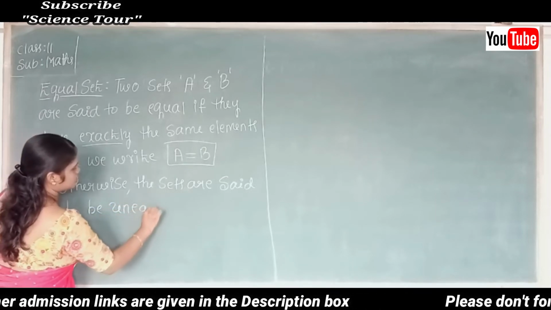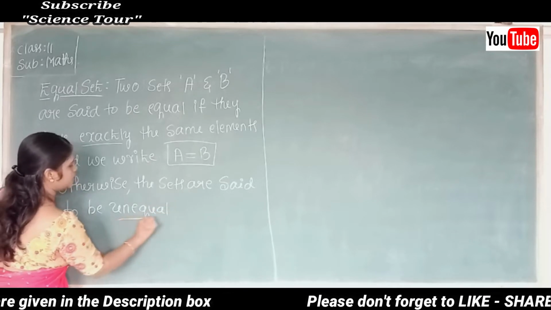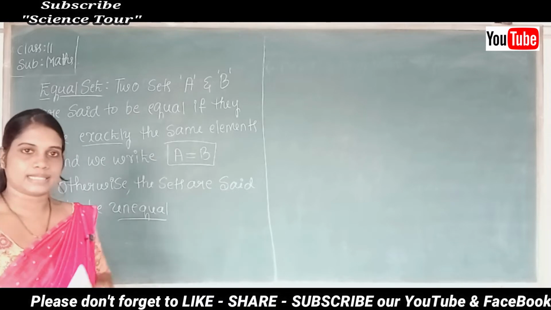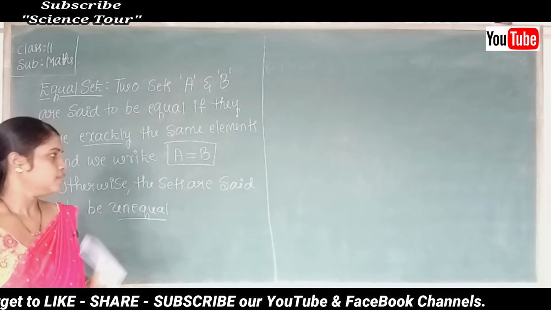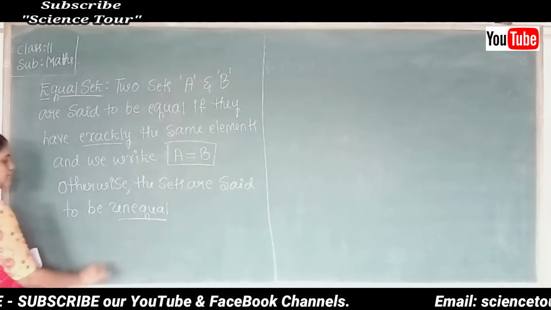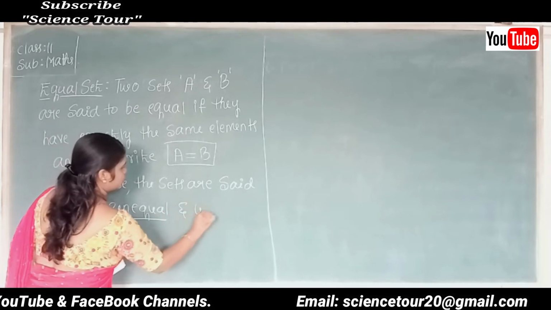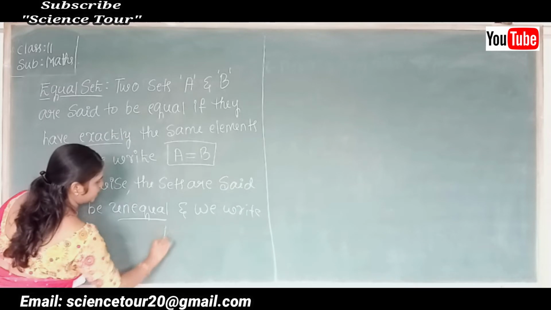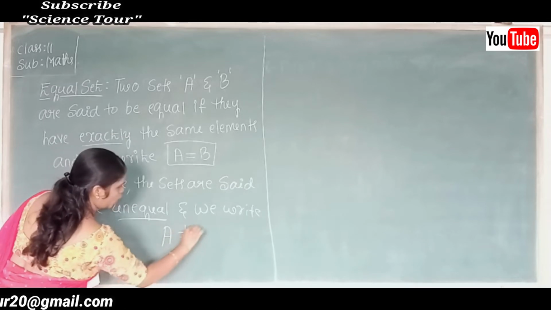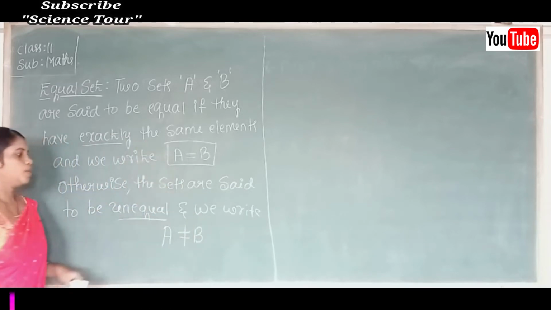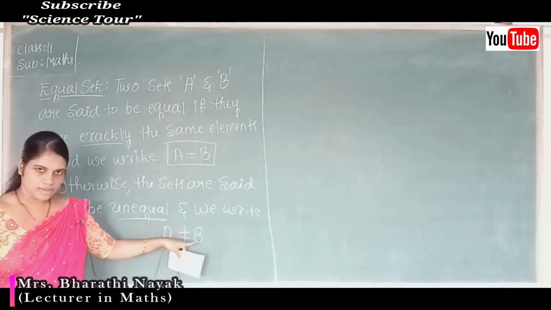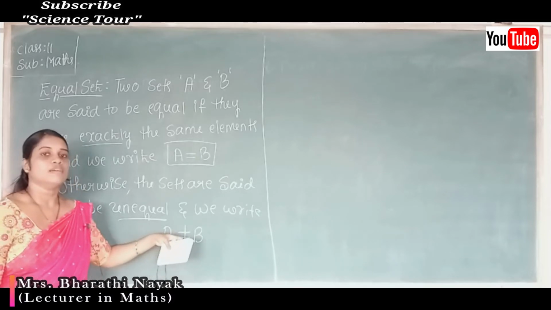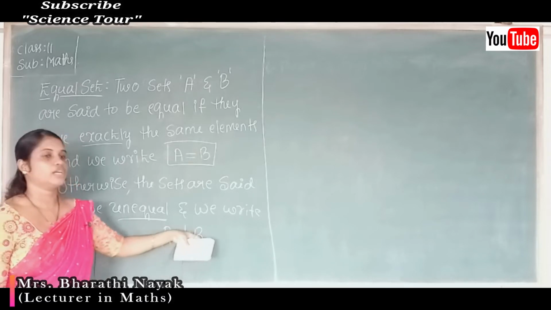If the sets are not equal, then we call them unequal sets. How do we represent unequal sets? We write A is not equal to B.